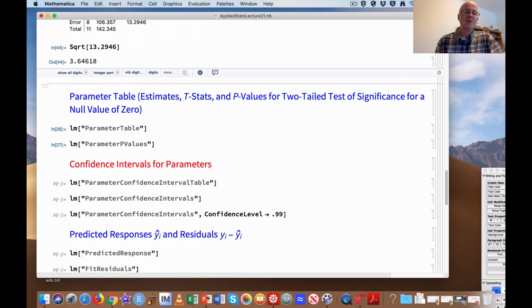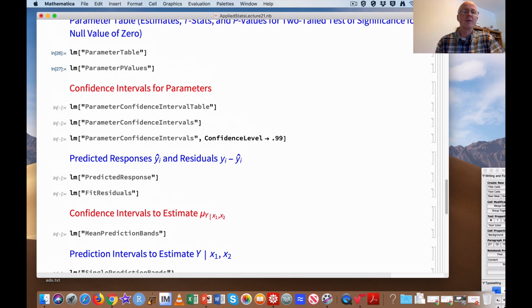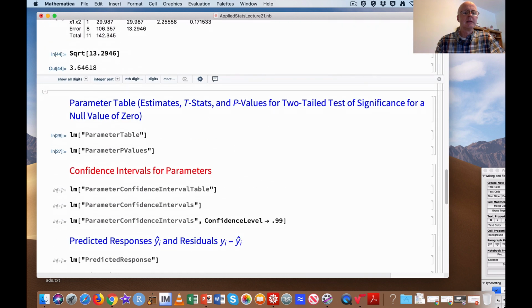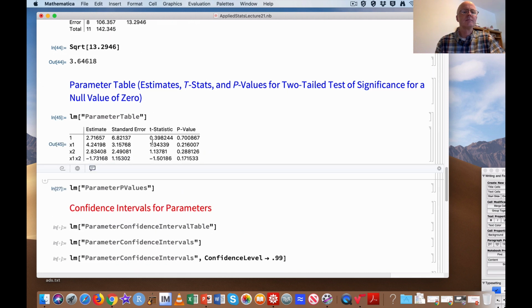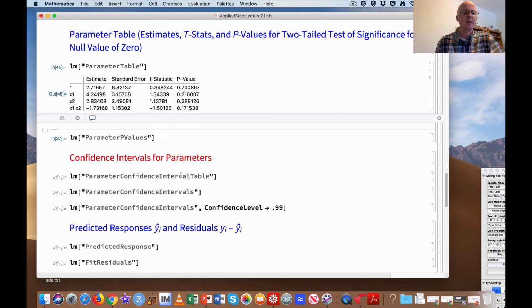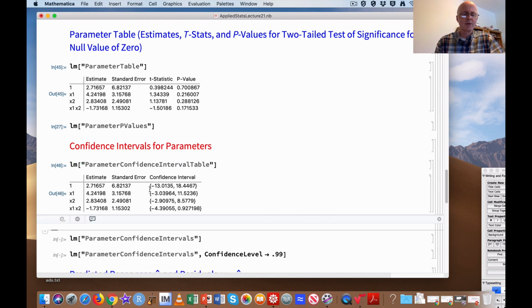And I can do confidence intervals for the parameters. Let's see. With this will be the parameter one. No, that's the p-values for a test. Where are the confidence interval tables? Is this it? There we go. There's our confidence interval.